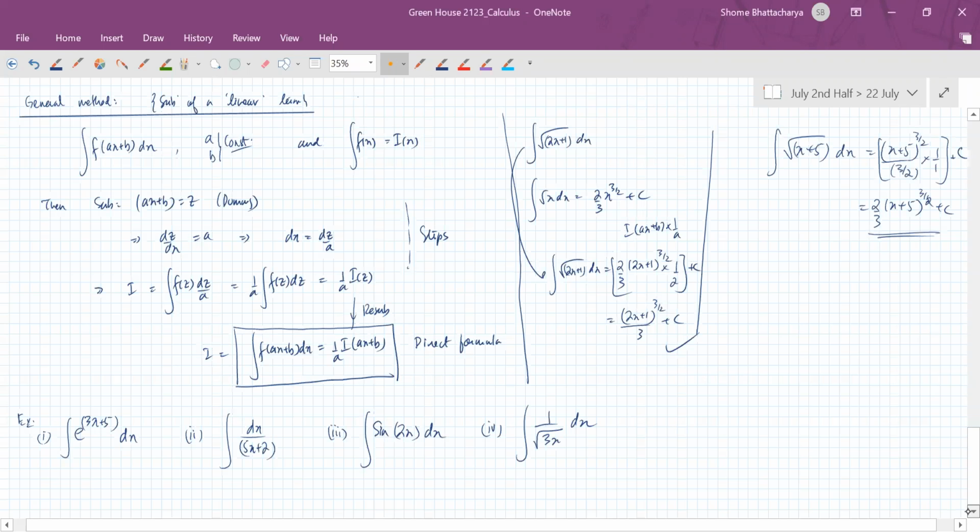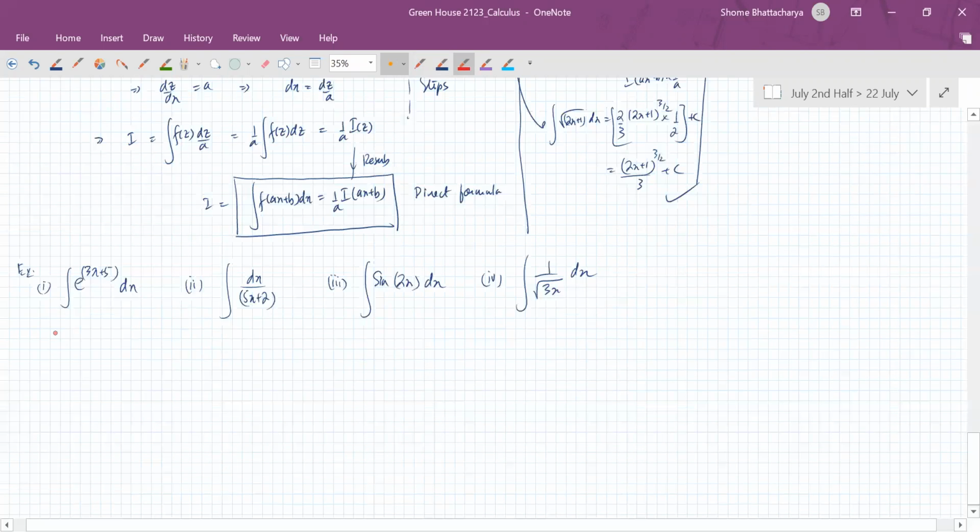Alright, so I'm putting up the answers first. Just go through them. This one should give you 1 by 3 e raised to the power 3x plus 5 plus c. This should give you 1 by 5 ln of 5x plus 2 plus c. This should give you minus cos 2x into half.